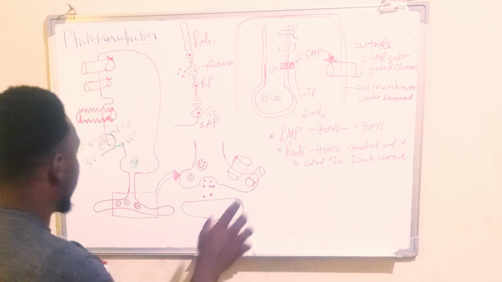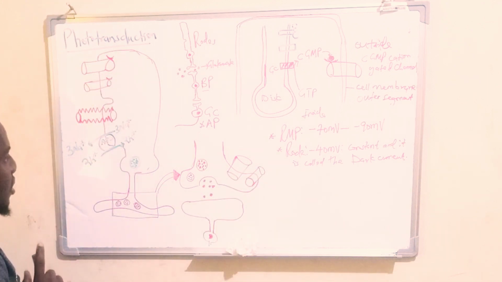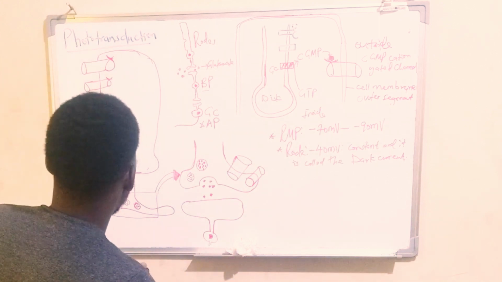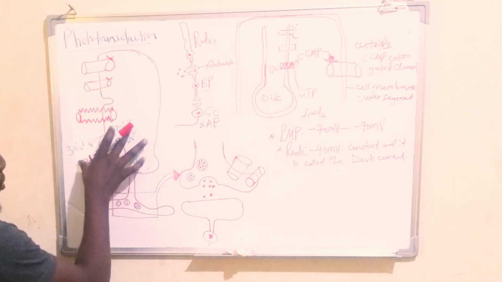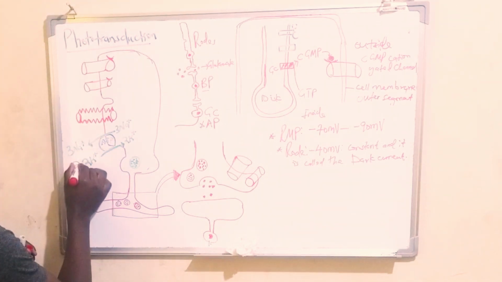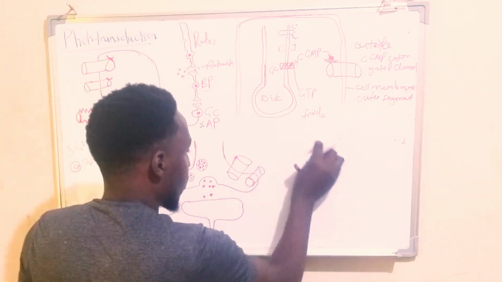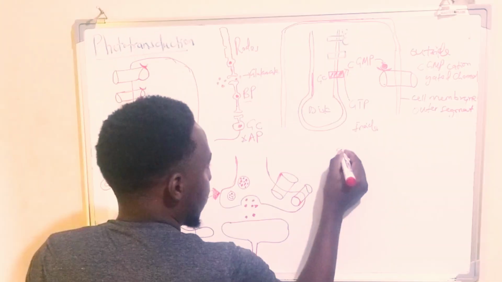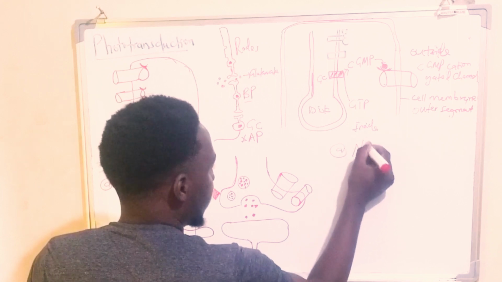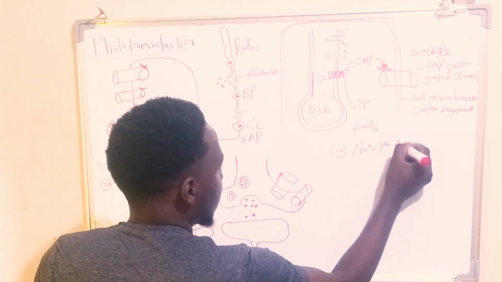For us to talk about that, we're going to use this diagram, and let's see what exactly happens. I'll start from this point here and label it as A. What is A there? A is actually the sodium potassium pump, or the sodium potassium ATPase.